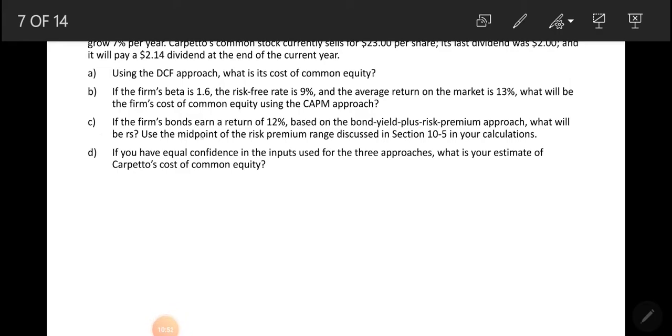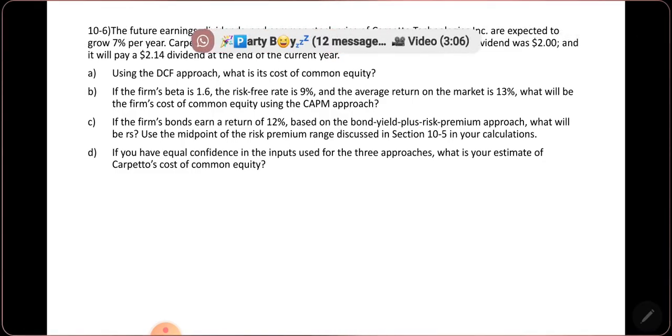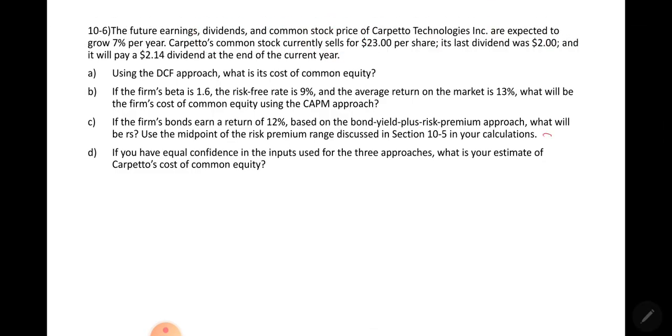Part C is if the firm's bonds earn a return of 12%, based on the bond yield plus risk premium approach, what will be RS? Use the midpoint of the risk premium range discussed in section 10-5 in your calculations. The risk premium that was discussed in section 10-5 was that historical studies show that the risk premium is somewhere between 3 to 5 percentage points. So the midpoint will be 4.